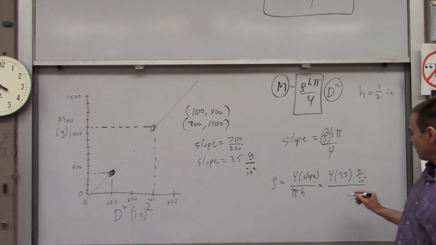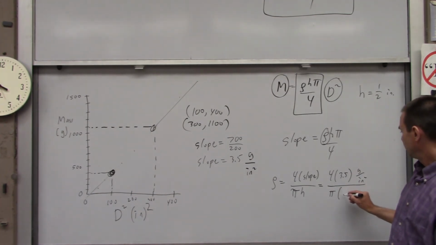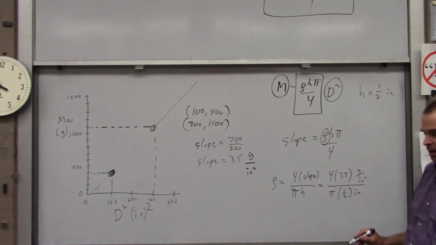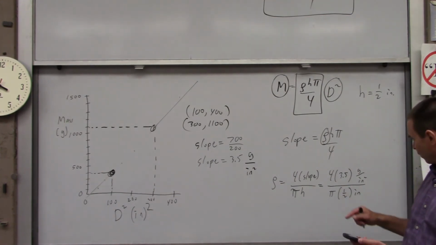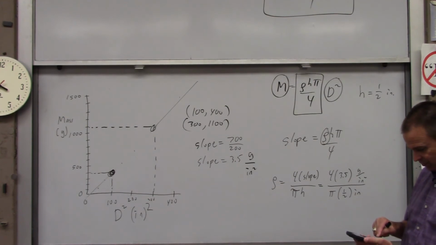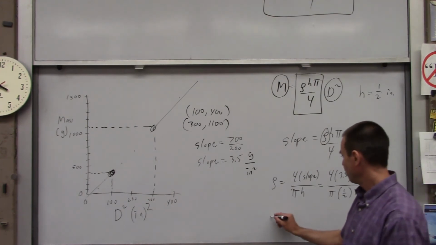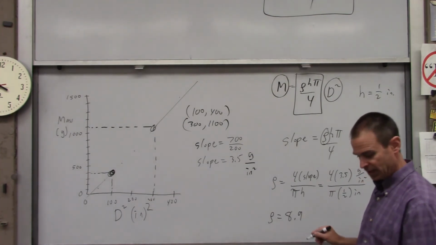In the denominator, we have pi, and we have height, which is 1/2, and that is inches, okay? If you do the numbers really quick, that's 1428 over pi. So you get the rho is 8.9, okay?